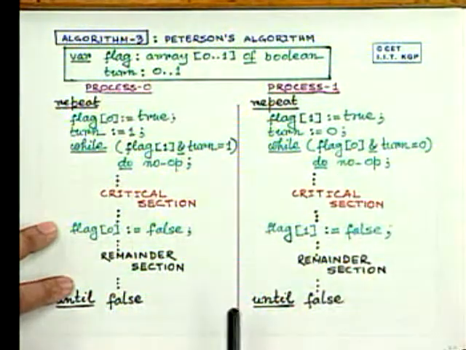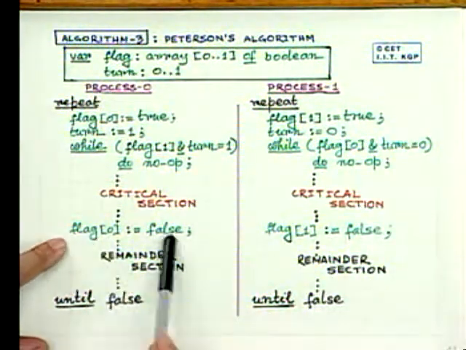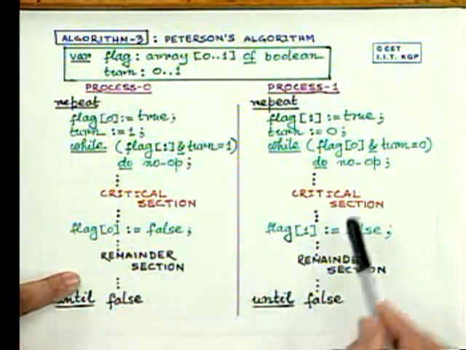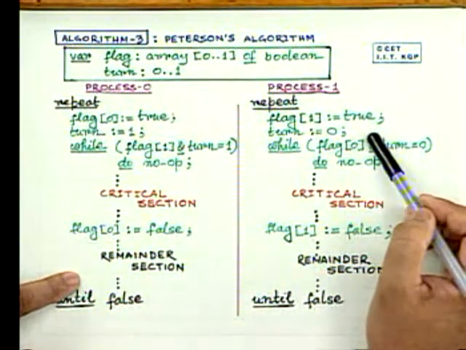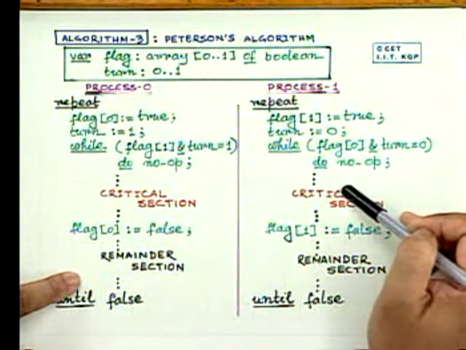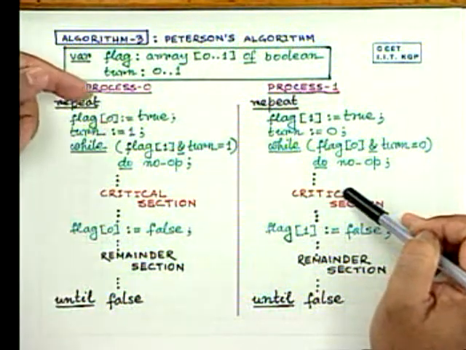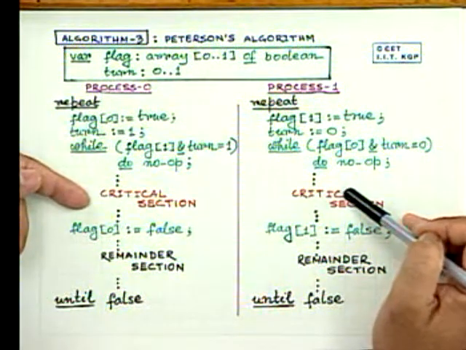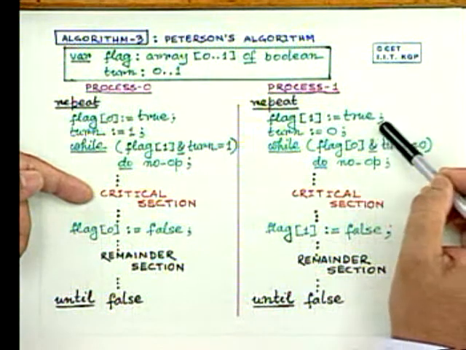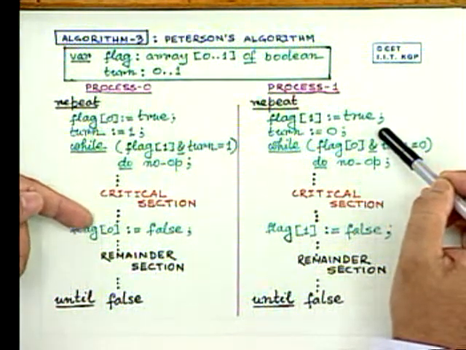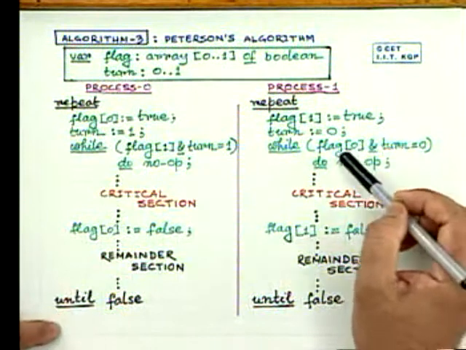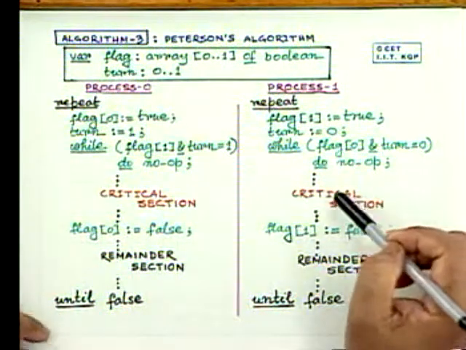For example, once more, say flag 0 equal to false, it is in the remainder section, it was waiting over here, and therefore it can enter the critical section immediately. Now, if process 0 is entering its critical section, and the other is waiting over here, the moment it comes out of the critical section, the other process can enter the critical section immediately.